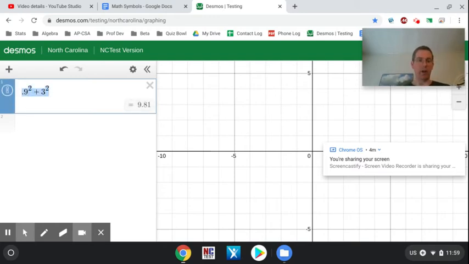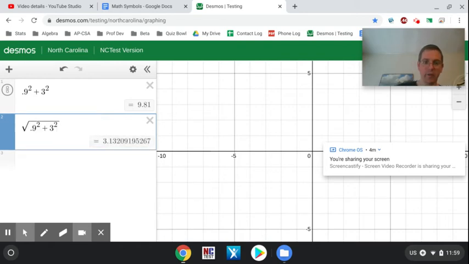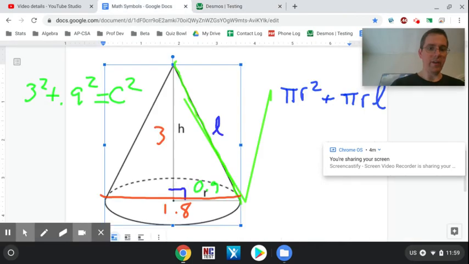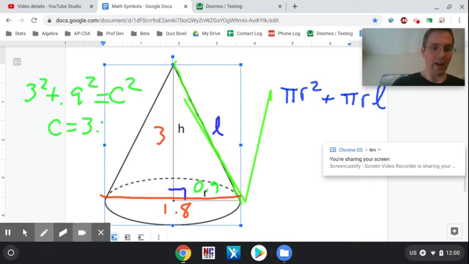I really need to put all of that inside a square root. So I'm going to copy it, go down to the next line and do a square root of all of that. Should be 3.13. So if I go back to my other page now, I have c as 3.13. Now my slant height, I've just found out, is 3.13.